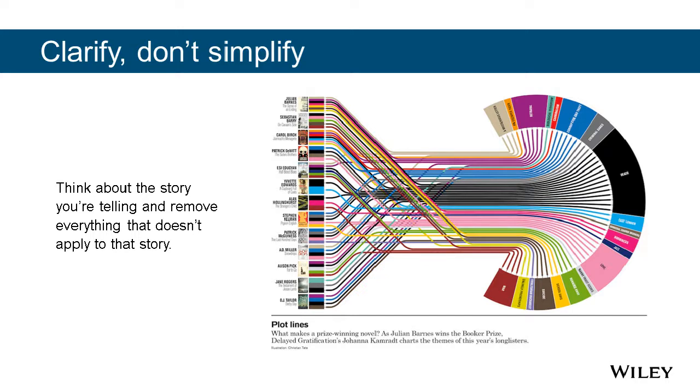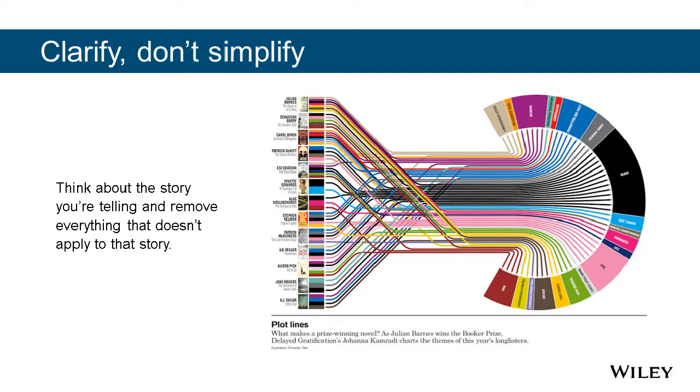So with something like this, I might recommend focusing in on a particular plot line. So for example, instead of tracking all of the plot lines that appear in the winners of this prize over the years, you could create a graphic titled something like, if you want to win the Booker Prize, make sure your book has a plot about death in it.